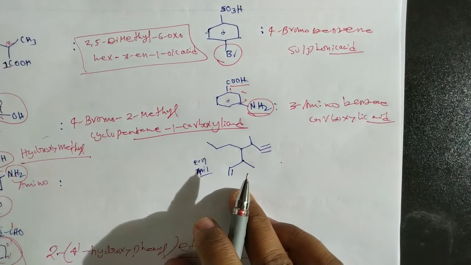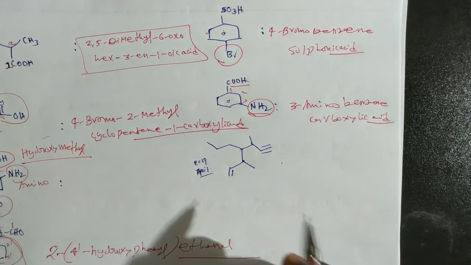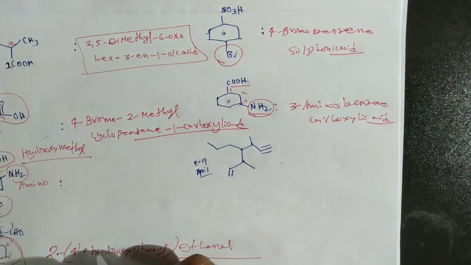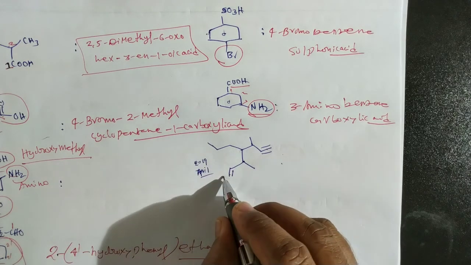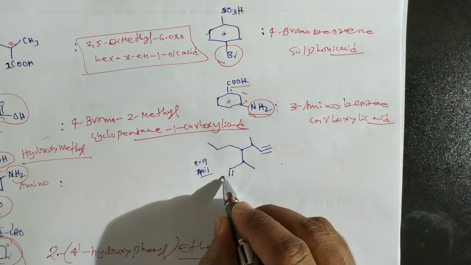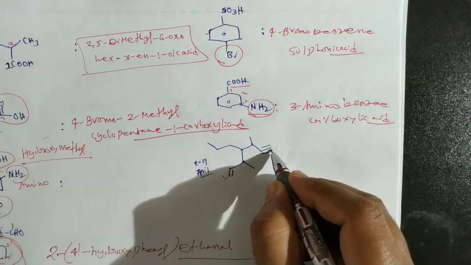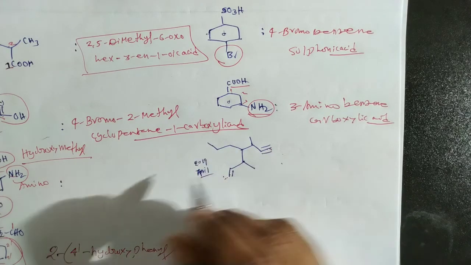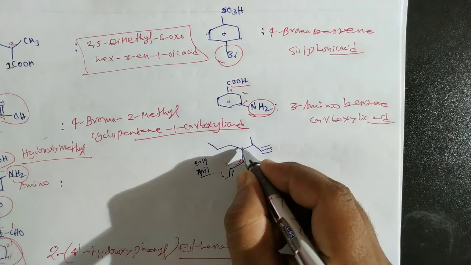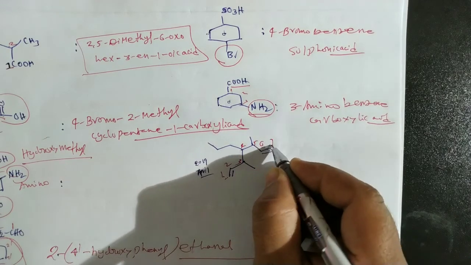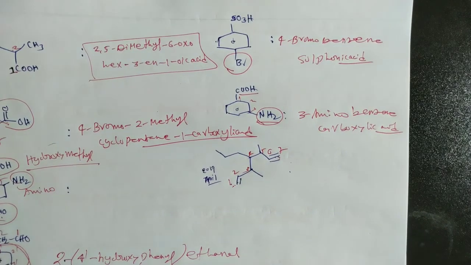Now finally this compound. Here in this case there is a double bond and a triple bond, but you have to start the numbering from the double bond side. Because if you start from this side, its position is 1, so you can start from the double bond side. So 1 2 3 4 5 6 7. Our parent chain must contain the more unsaturation.